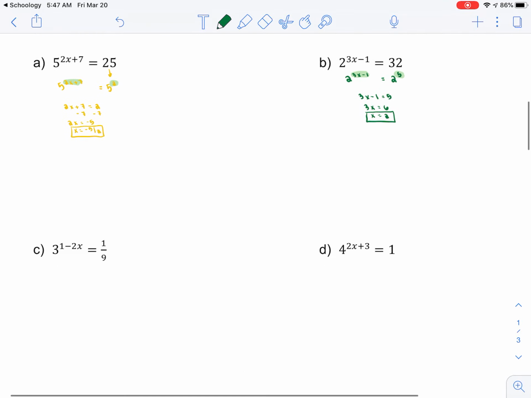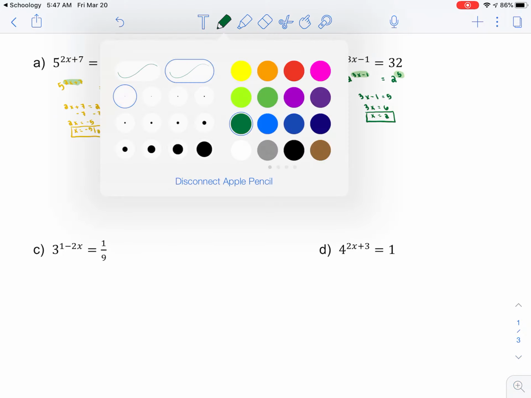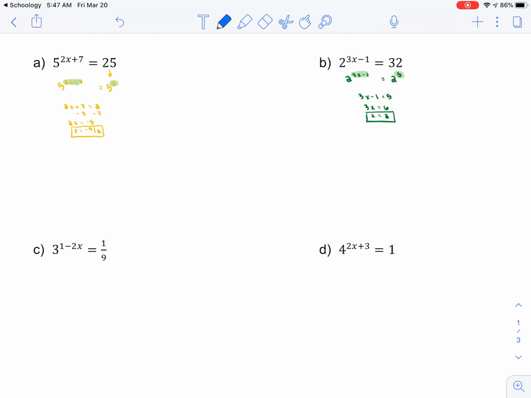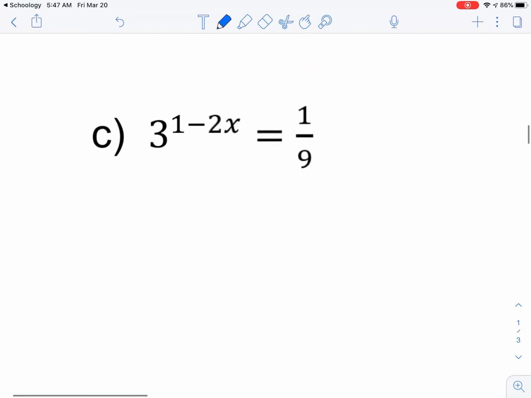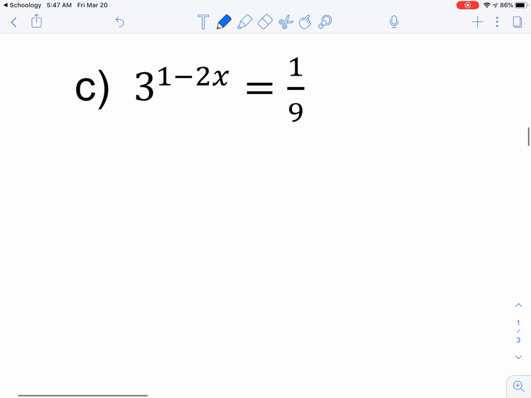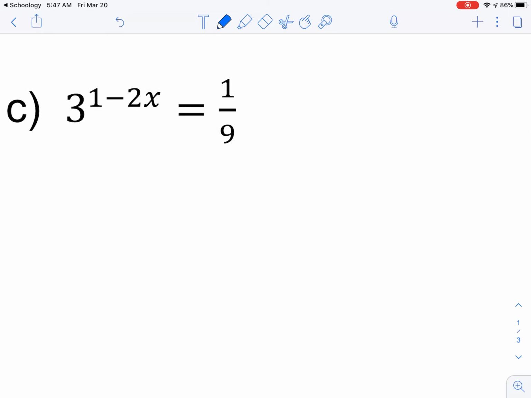Now, there's a couple more problems down here where it gets a little bit more challenging because of the type of exponents you're using. Here, this looks very complicated, but when you think about it, if I were to cover up the 1 on the top, let's just say that this 1 wasn't here. If I said 3 to what power is 9, you would say to the 2nd power, 3 squared. But it's 1/9, the reciprocal of 9.